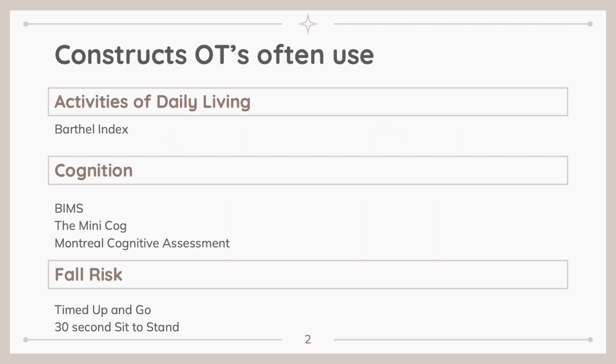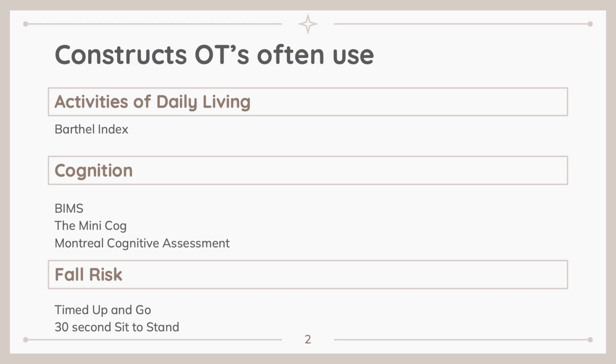So let's begin. The constructs that OTs often use vary depending upon the setting that one's working in, as you may be utilizing one area more than others, such as if you're in the school, you may be assessing fine motor, whereas in outpatient, we're assessing fall risk. However, across the board, ADLs are typically always addressed. This could be done through the Barthel Index.